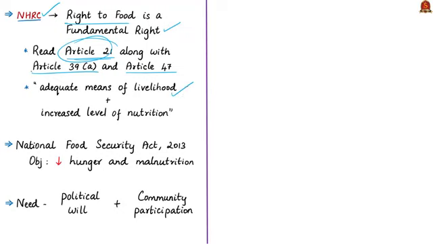Then in addition to all these, in 2013, the National Food Security Act was passed by the Indian Parliament. This act guarantees subsidized food to 50% of the urban population, and it guarantees subsidized food to 75% of the rural population. The National Food Security Act also aims at reducing hunger and malnutrition and related deaths.